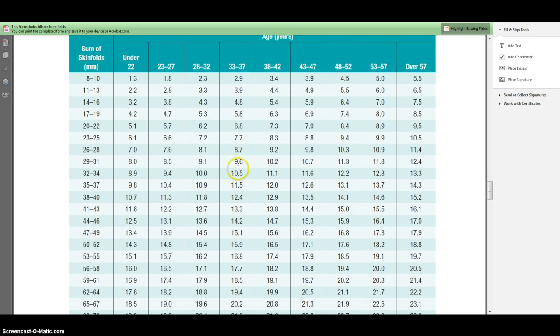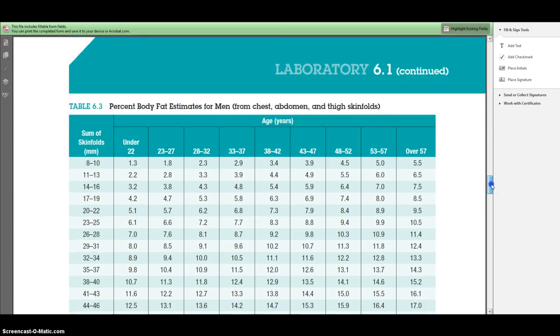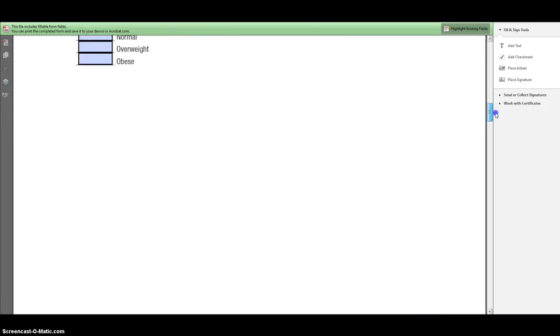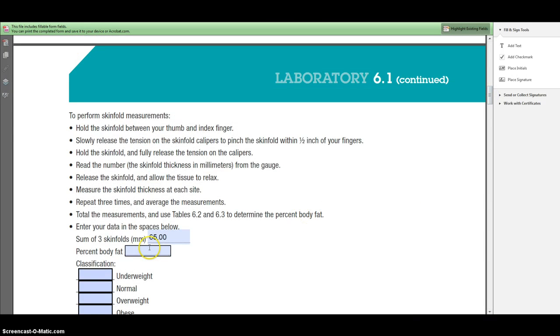So 37, match that up with 65, and the estimation is going to be 20.2. So I'll come back up here. 20.2% body fat. So those numbers are done.